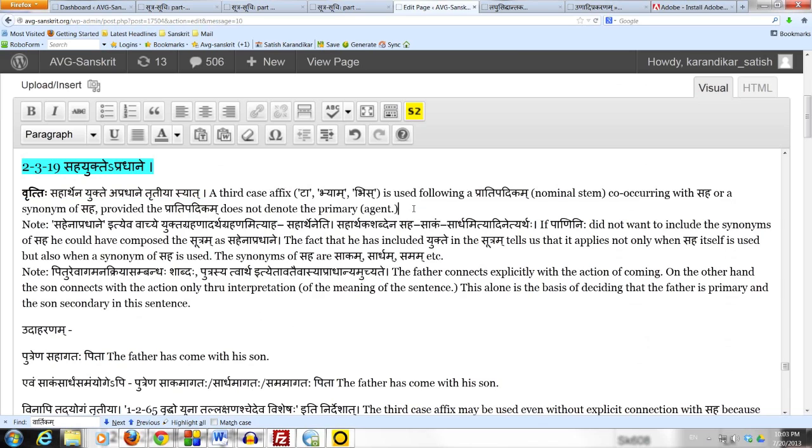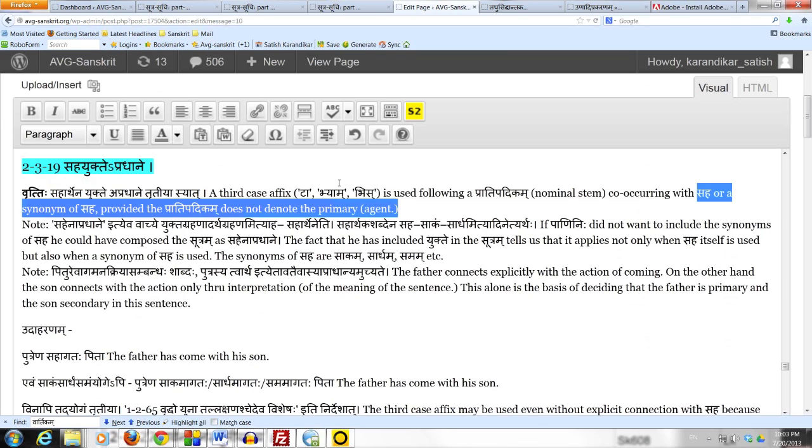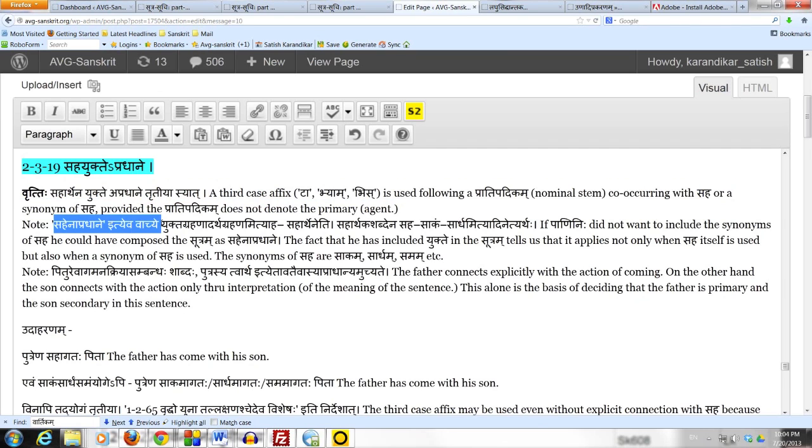Now, why does the vritti say saharthena? Why not just sahena? How do we read the interpretation that the sutram is talking not just about saha, but also about synonyms of saha? The note here says, Sahena pradhane ityeva vachye yukta grahanad arthagrahanam ityaha saharthe neti.